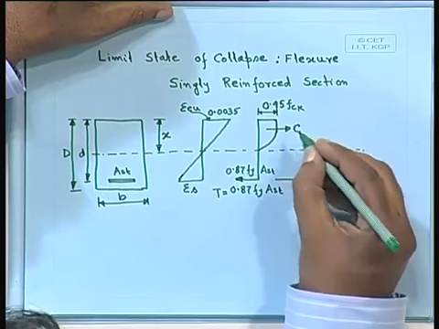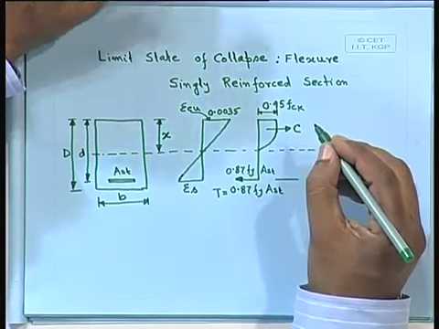What is our interest here? For a beam under bending, under flexure, how much maximum load can it take, what is the moment carrying capacity of that section, that is our target. If we can find out that value, then we can say that this section, with this many bars and this cross section, width and depth, has this maximum moment carrying capacity.